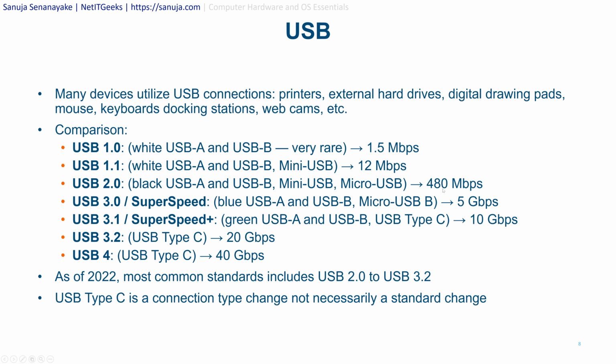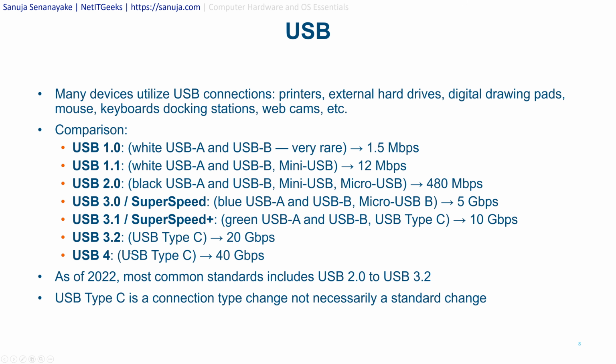And we jump from 480 megabytes per second, all these megabytes per second range, to the gigabytes per second range. So with USB 3.0 SuperSpeed, we have 5 gigabytes per second. With USB 3.1 SuperSpeed Plus, we get 10 gigabytes per second. And that also comes in USB Type C. That is a really big jump from the megabytes per second range.